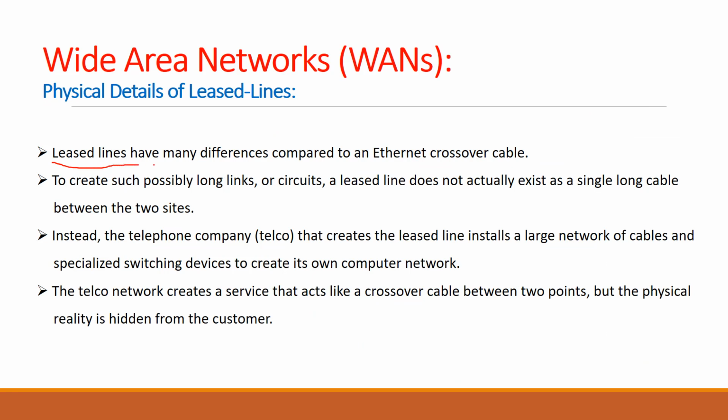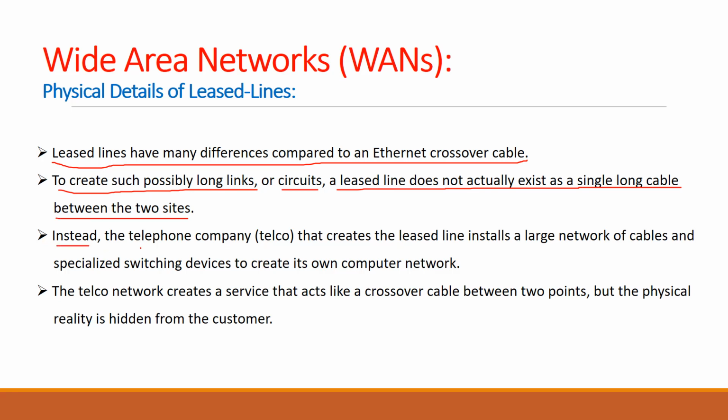Actually, leased lines have many differences compared to an Ethernet crossover cable. To create such possibly long links or circuits, a leased line does not actually exist as a single long cable between the two sites.